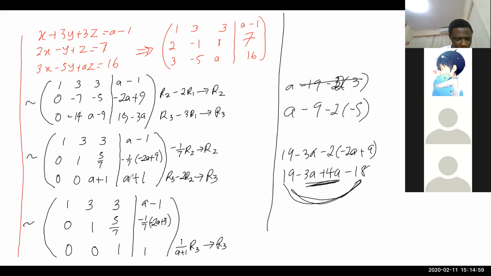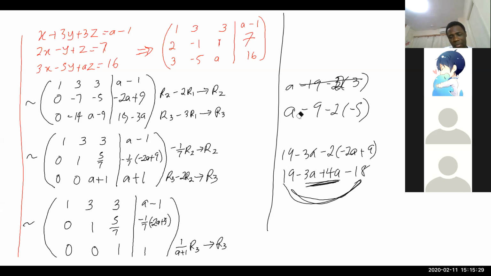Yeah, that's when we have infinitely many solutions, from here. Can you get that? When a is plus 1 from here, this will be 0, this will be 0. So you wouldn't have this echelon form. That's the point.